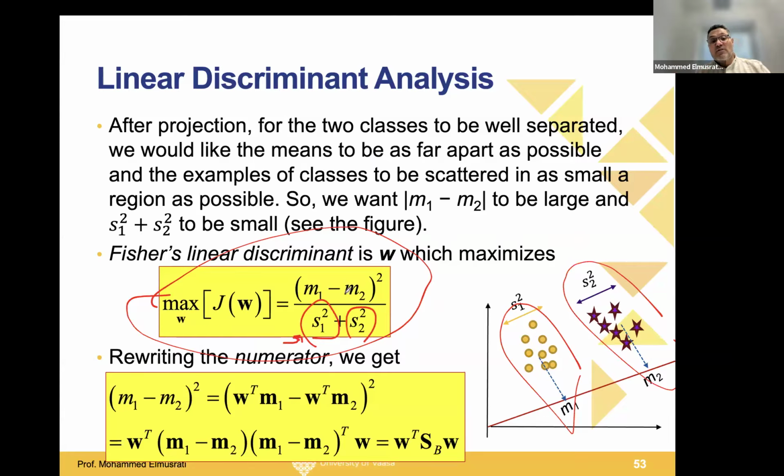So when you divide a large number by a very small number, this criterion will be very large. And now I want to maximize based on W. So this is called linear discriminant analysis, and it is very widely used in image recognition, for example.